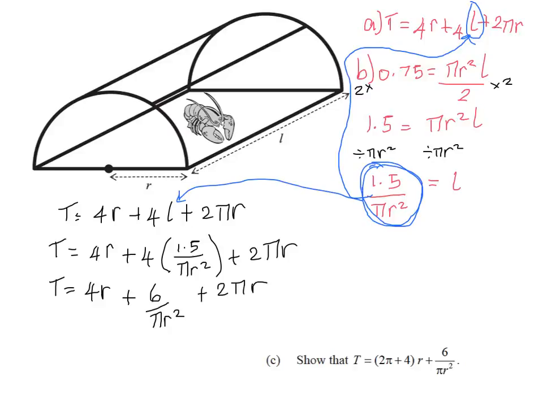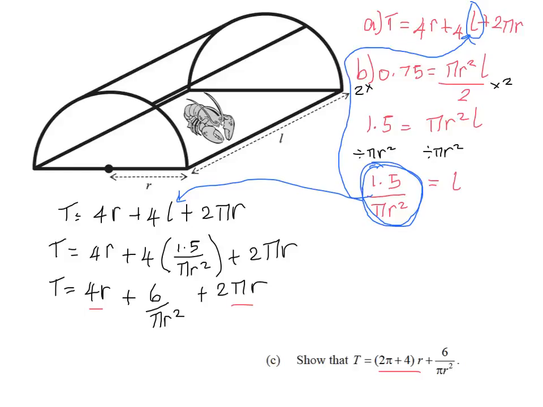All right, now looking at this, we have some similarities here. For example, we have the 6 over pi r squared here and the 6 over pi r squared here. The thing that doesn't look exactly the same, well, this is here and that, well, I'm guessing must be related. So these two things must be related to that.